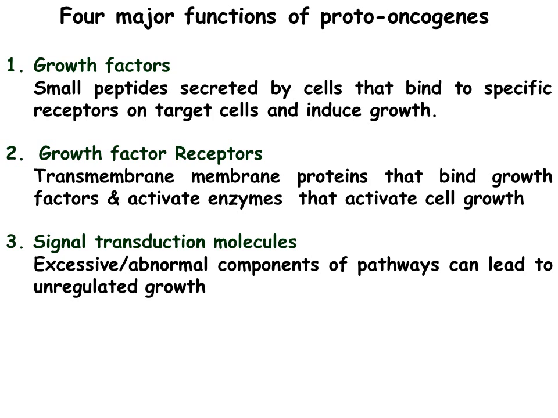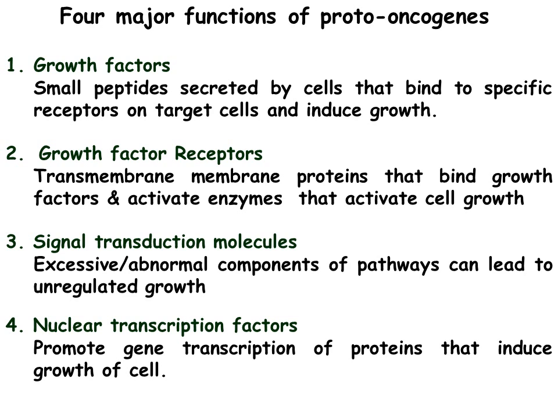So anything in these enzymatic pathways that gets activated so it's on all the time, and the signal transduction molecules give the cell unregulated, uncontrolled growth. It's just growing, growing, growing, and as you get enough of the cells, it forms a solid tumor.